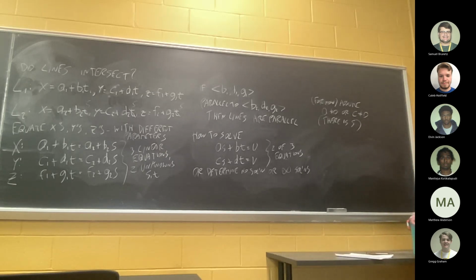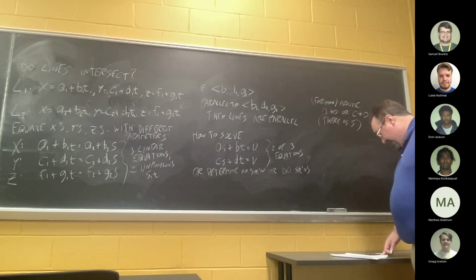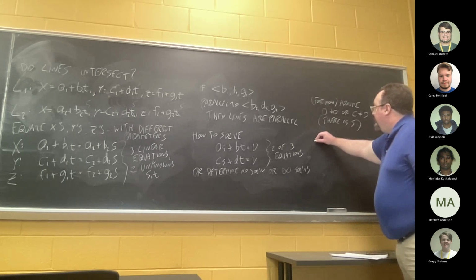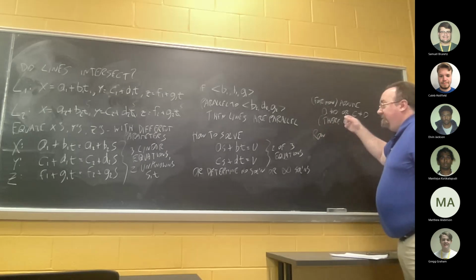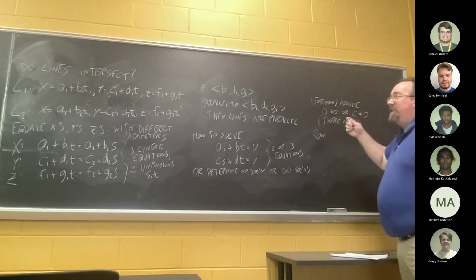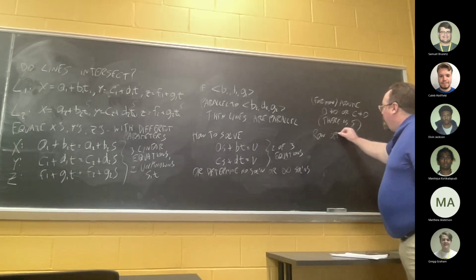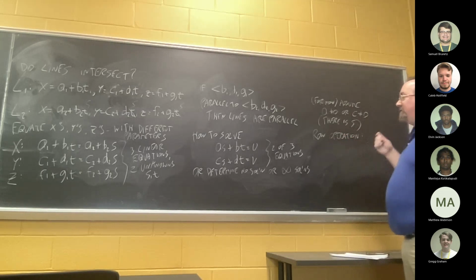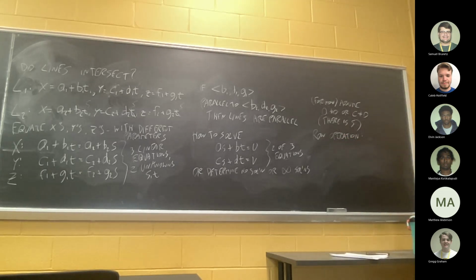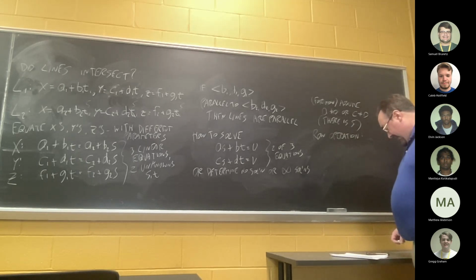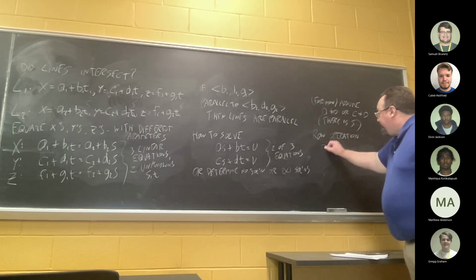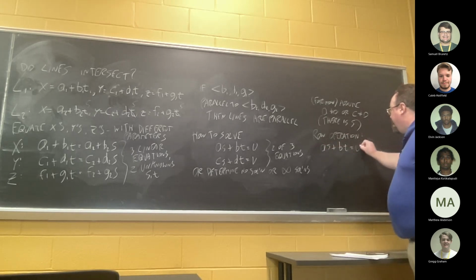So what you can do, if you are taking or have taken linear algebra, is perform row operations. Actually, in this case, it's a single row operation on the system of equations right here. What you get is the following. The first equation unchanged.